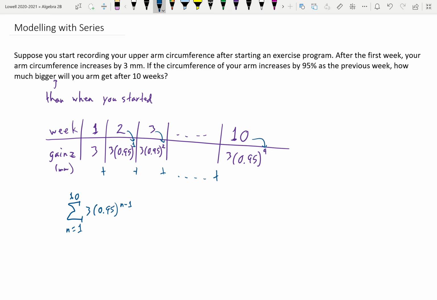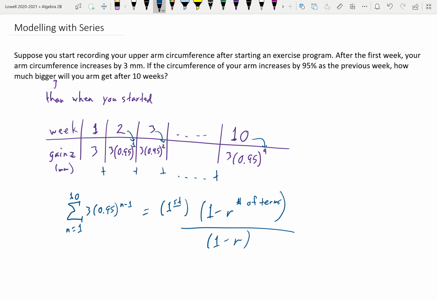So again, we're adding up 10 terms, and the first term is 3. To do this, we're going to use our handy-dandy formula, where this is equal to the first term times 1 minus our common ratio raised to the number of terms, in this case 10, all over 1 minus our common ratio again.